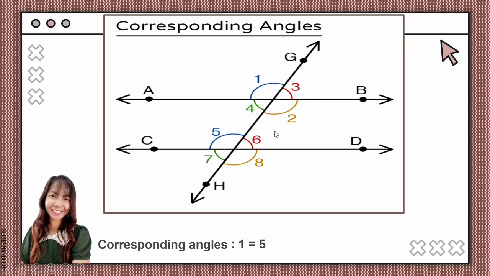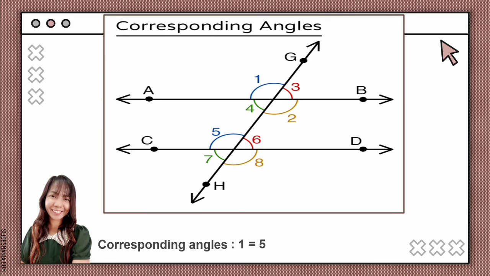In this example, the angles are named by number: angle 1, angle 2, angle 3, angle 4, 5, 6, 7, and 8. As you can see, the same color blue, angle 1 and angle 5. This is an example of corresponding angles.